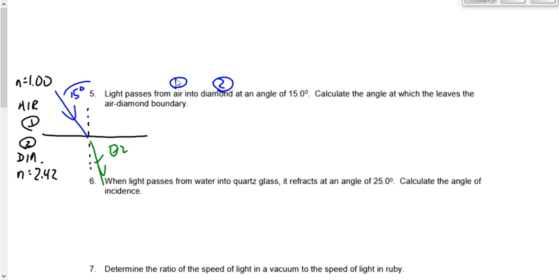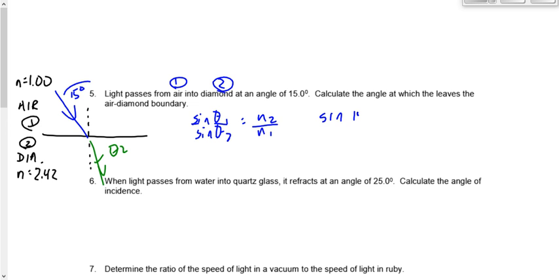All right, so we're going to say sine theta 1 over sine theta 2 equals n2 over n1. There are 2 other parts to the equation, but we're not going to use those clearly because these fit the givens the best, right? We're looking for theta 2.